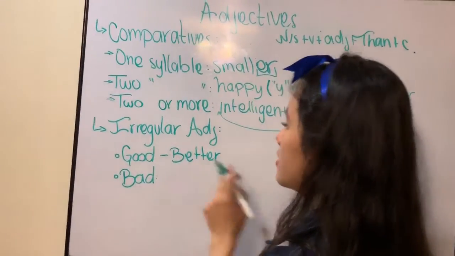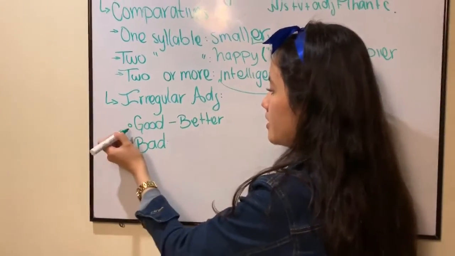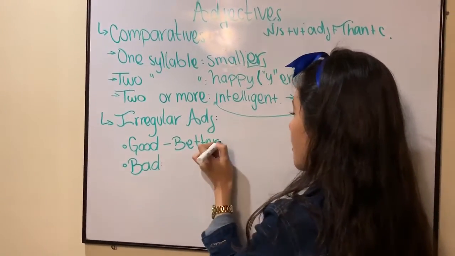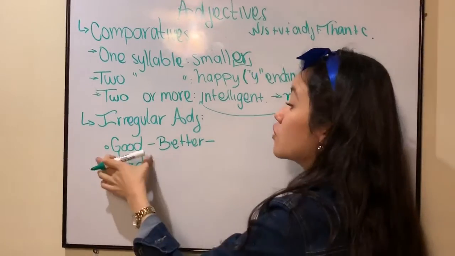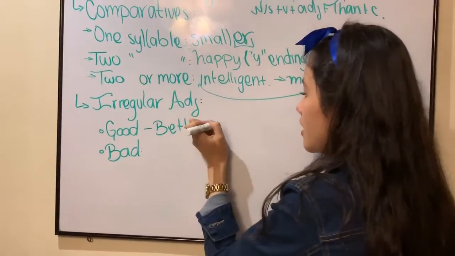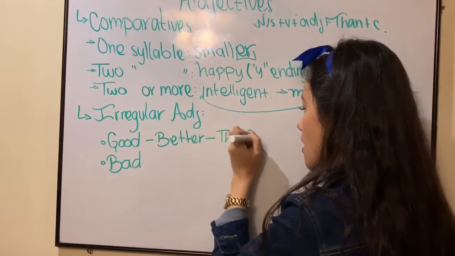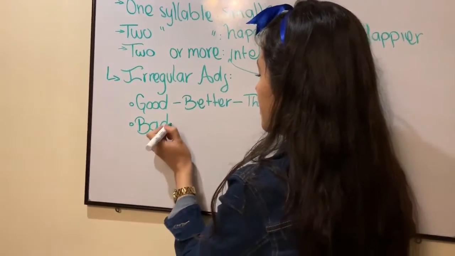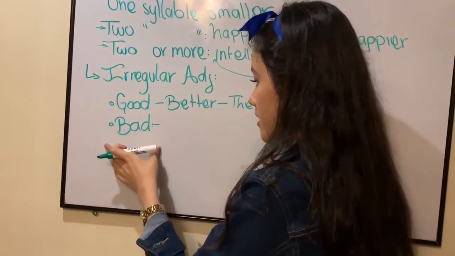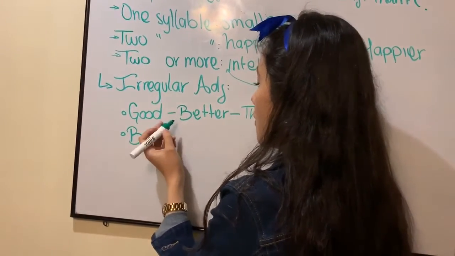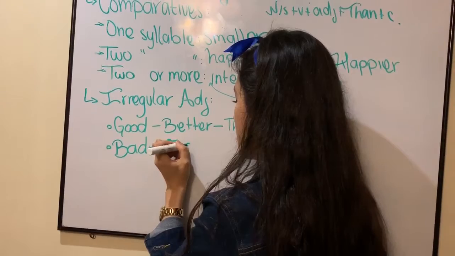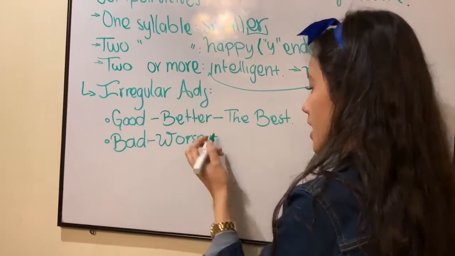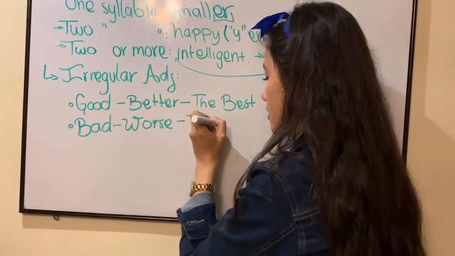That's why good is an irregular adjective, because it changes completely. In a superlative way, you use the best. It is the same case with bad. For comparisons, you use worse, and for superlatives, you use the worst.